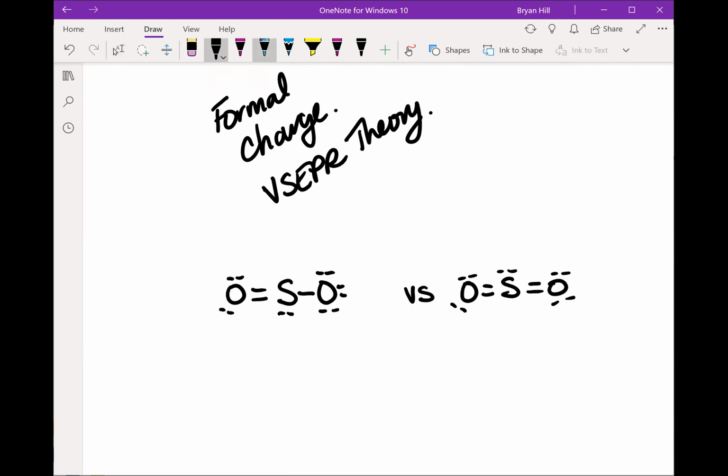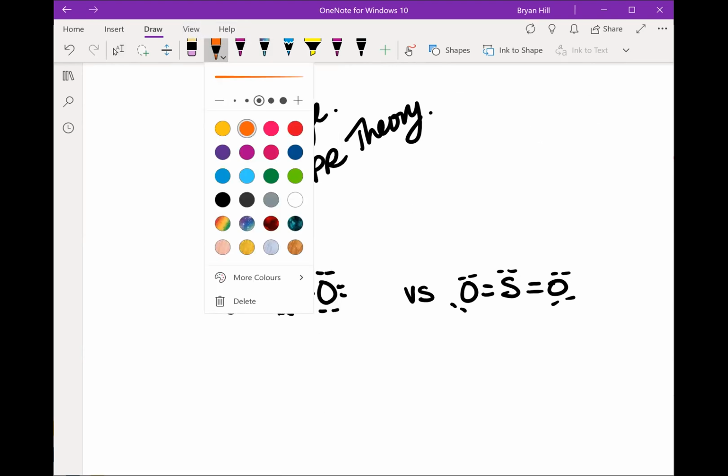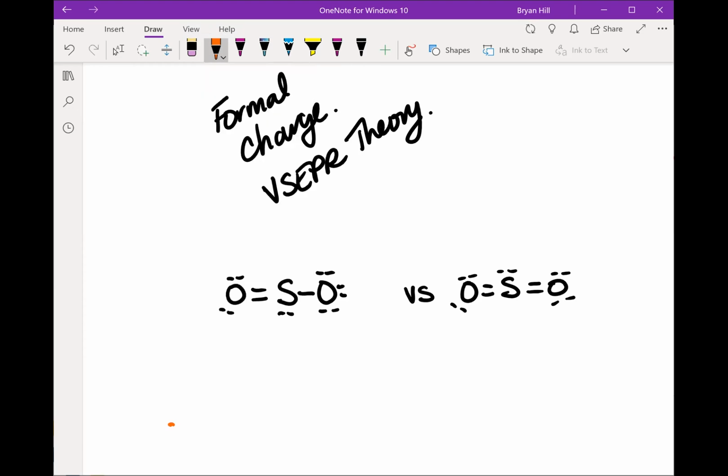Now, one of the things that you might notice immediately is that this oxygen right here has got 1 bond and 3 electron lone pairs.